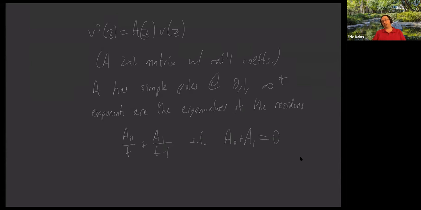Now we count: we have 2 matrices, which gives us 8 parameters. So this is what A is. I guess I switched to T. So there are 8 such matrices before we specify the exponents.